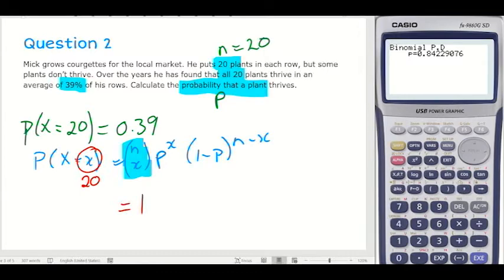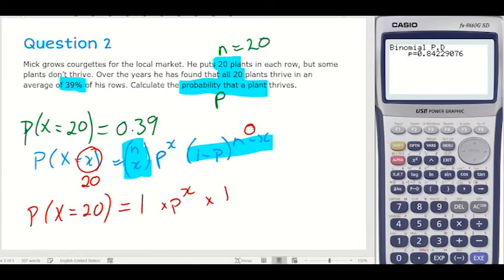Equally, when I look at this part, n is 20 minus x is 20, so this term here, 20 minus 20 in the power, becomes power of 0, and anything to the power of 0 is 1. So I'm going to get 1 times p to the x times 1 equals the probability that x is equal to 20.